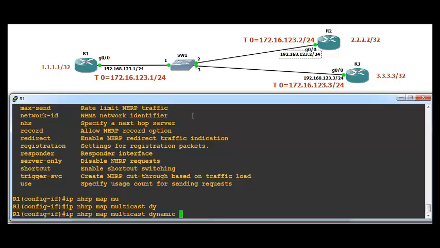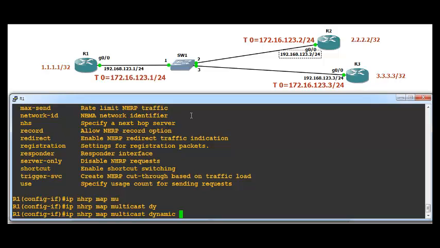So in order to learn the incoming registration dynamically, we give this command IP NHRP multicast dynamic. This command is used by all routing protocols.